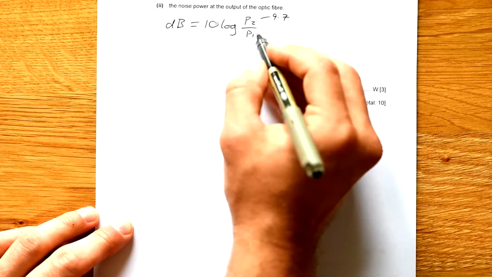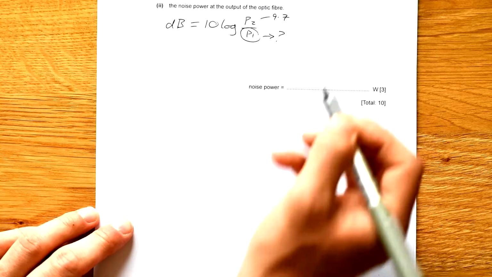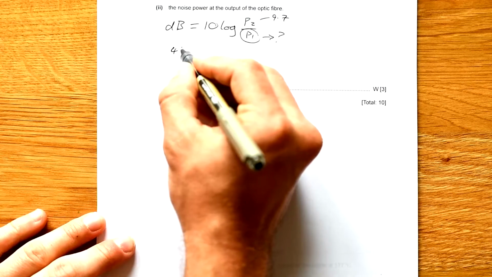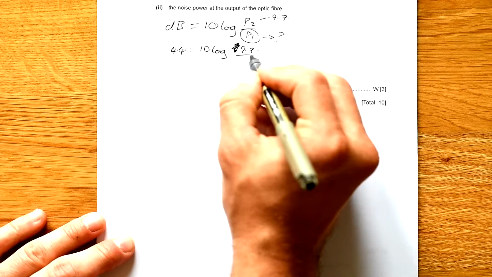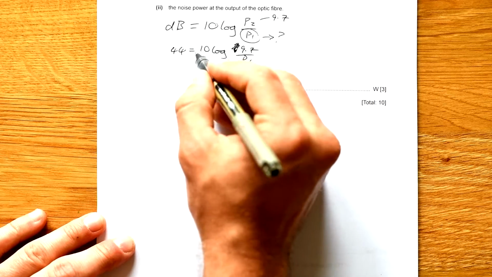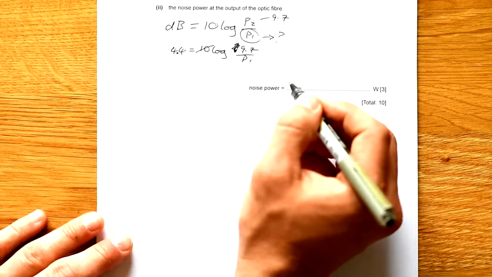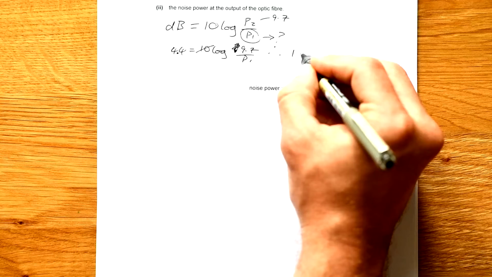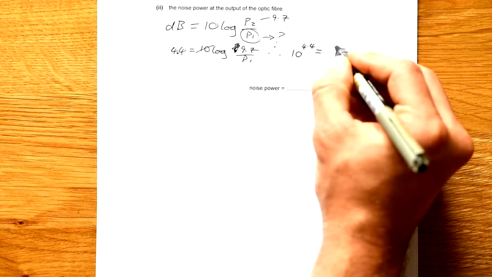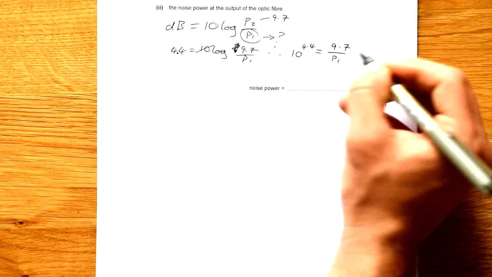We can keep it as X. It's just a ratio. We're trying to find this power here. So we know that 44 equals 10 log 9.7 over P1. So that's 4.4 equals log 9.7 over P1. Therefore, 10 to the 4.4 equal to 9.7 over P1.